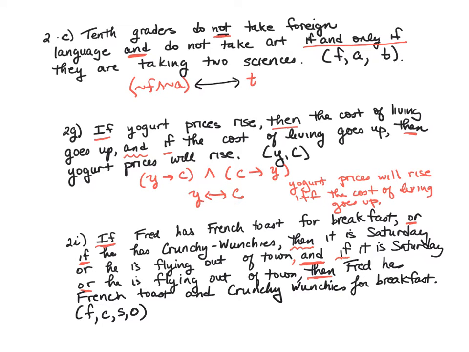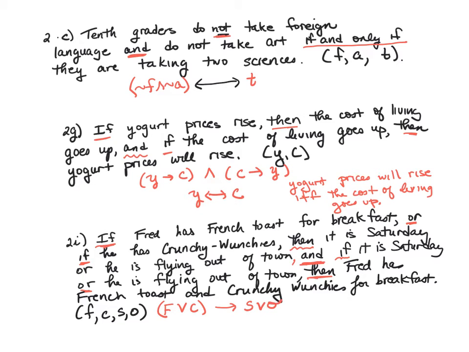So let's take it slowly. So we've got an if then. So if Fred has French toast for breakfast or crunchy munchies, I'll put that there. Then it is Saturday. So that's Saturday. Or he's flying out of town.